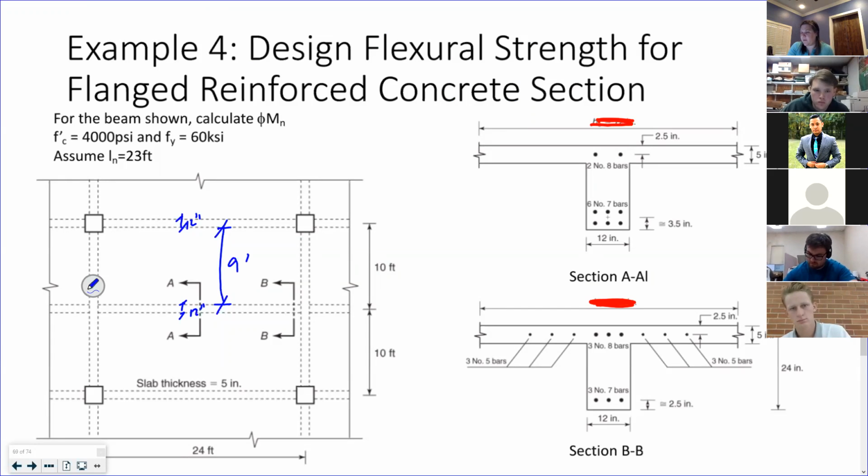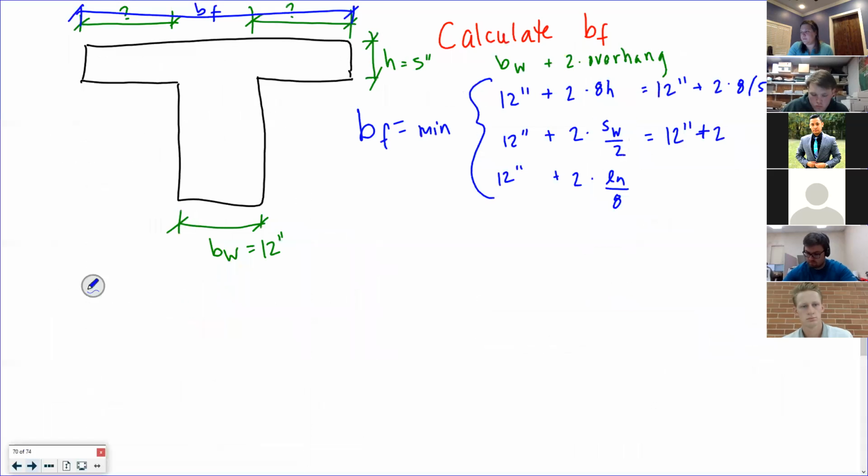So you get 9 feet. So 12 inches plus 2 times 9 feet.